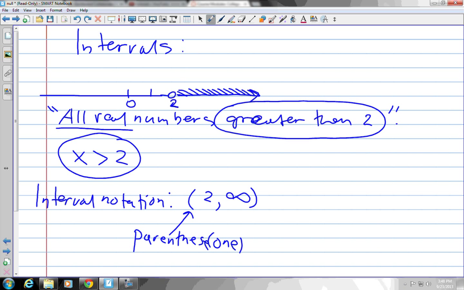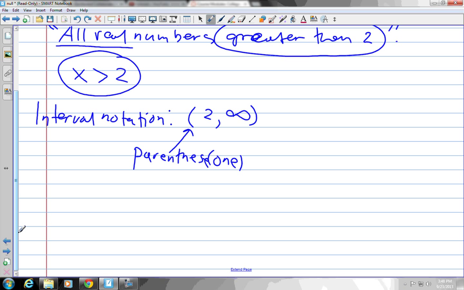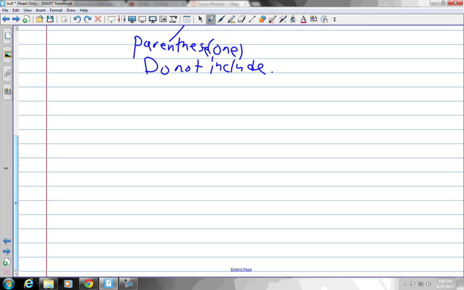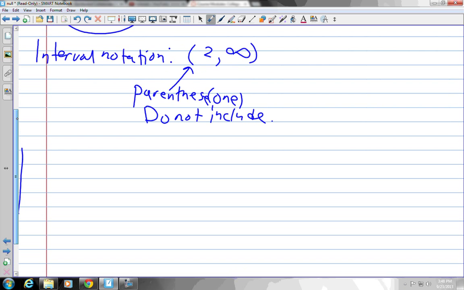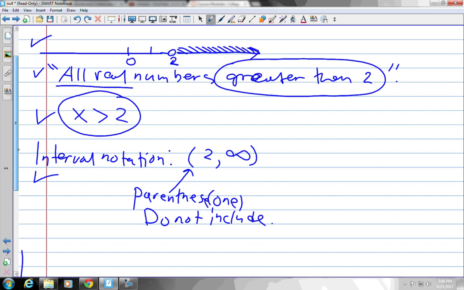And it's very hard to confuse the two because you really know whether you're talking about a point or an interval. But anyway, parentheses mean do not include, or not part of the set. So does that make sense, how to graph it? So here's the English, here's the math, here's the interval, here's the graph of the same kind of phrase. Okay?